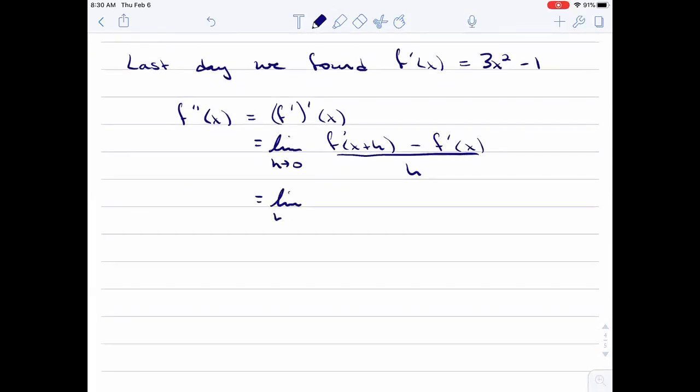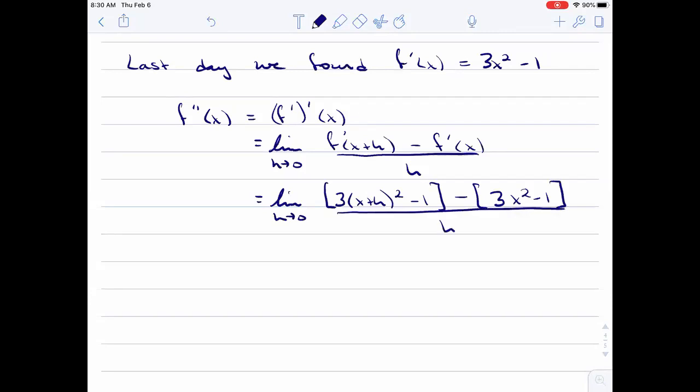So we've got the limit as h goes to 0, making sure that you keep track of your x plus h's and your x's. And so we get 3 times (x plus h) squared minus 1, minus (3x squared minus 1), over h.